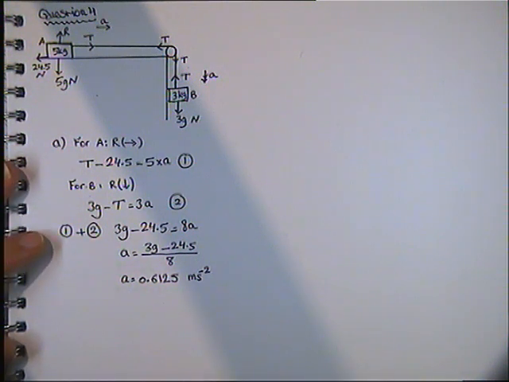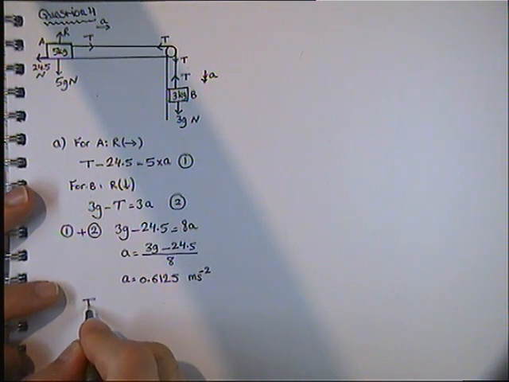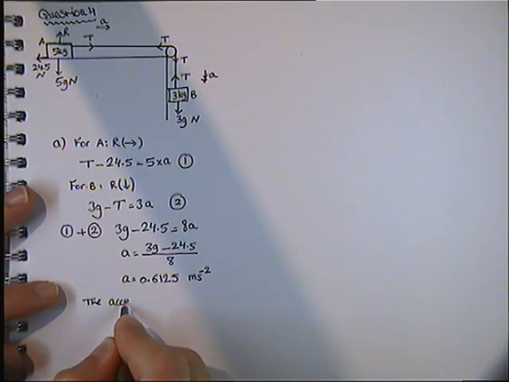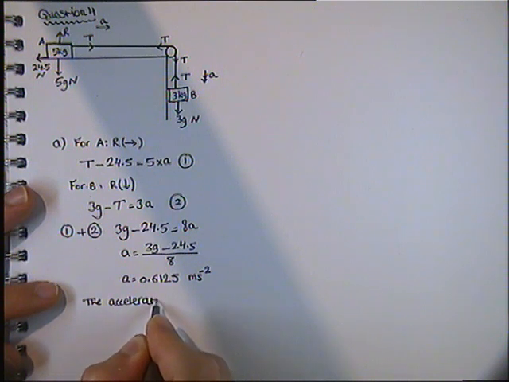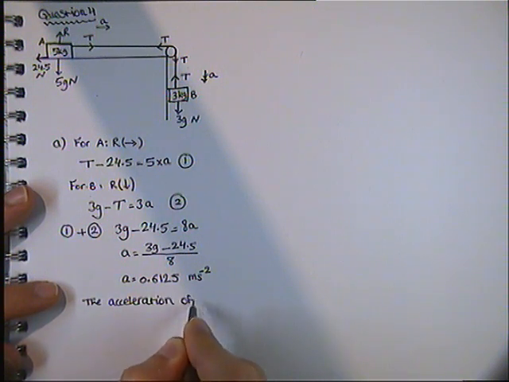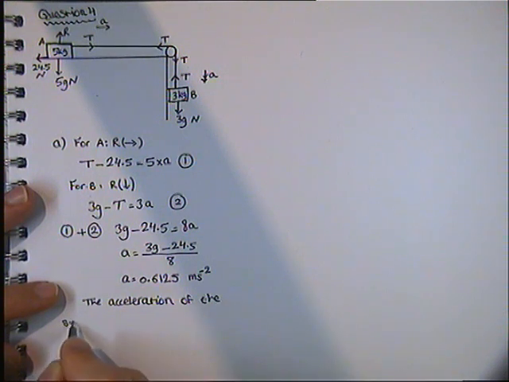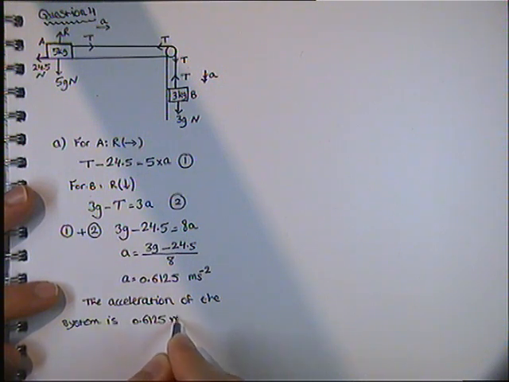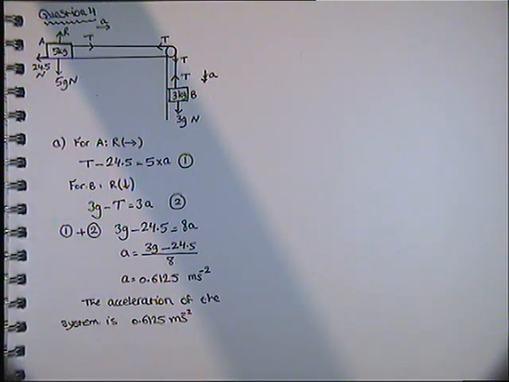So the acceleration of the system is 0.6125 meters per second squared, which applies for both particles A and B because the string is smooth, and the tension is the same throughout.